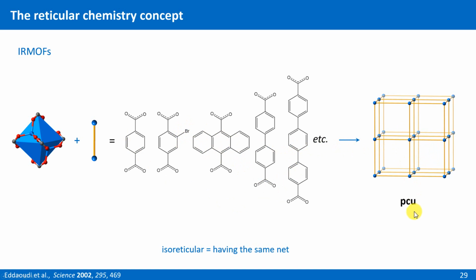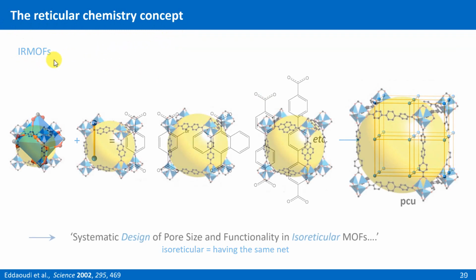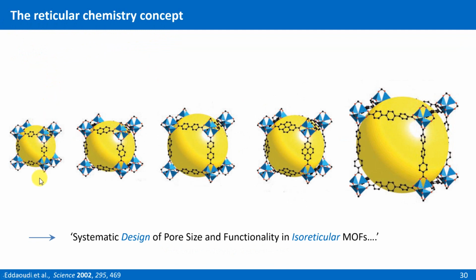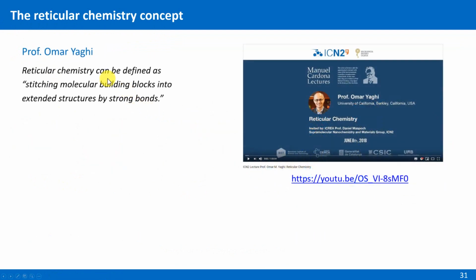And the realization and rationalization of this finding led to the reticular chemistry concept, and in the first instance to these famous isoreticular metal-organic frameworks, these MOFs. Yaghi defines reticular chemistry as stitching molecular building blocks into extended structures by strong bonds.